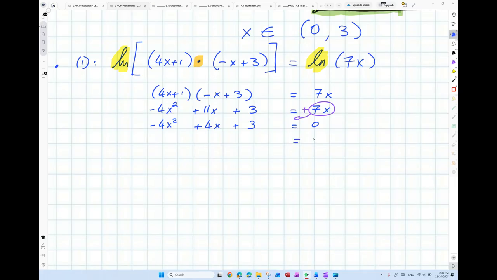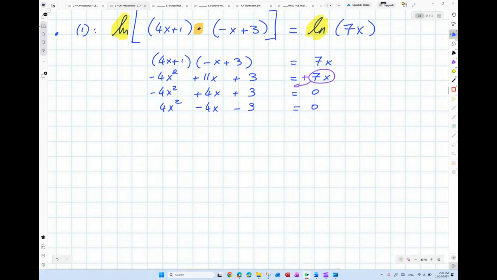Now, personally, to perform the diamond method to factor this expression, I prefer to have my leading term with a positive coefficient. So I'm going to multiply the whole equation by -1. So I'll have positive 4x squared, minus 4x, minus 3 equals 0.